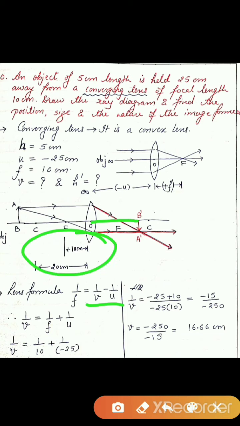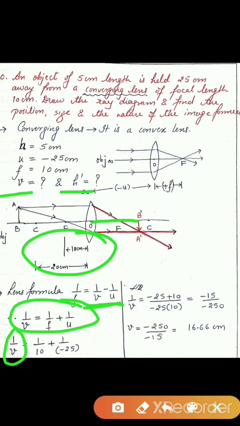Now I need to calculate the image distance and then the height of the image. For calculating image distance, I will be using the lens formula. From this lens formula, I want to calculate v, so I'll make 1 by v the subject of the equation. After that, I obtain an equation somewhat like this.